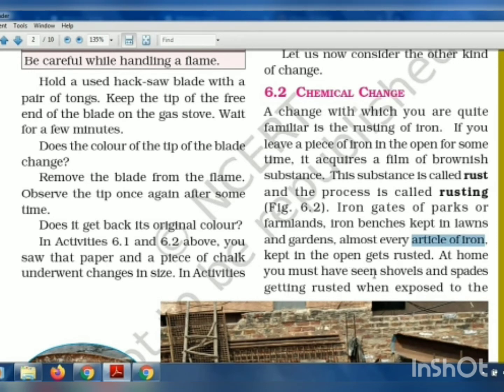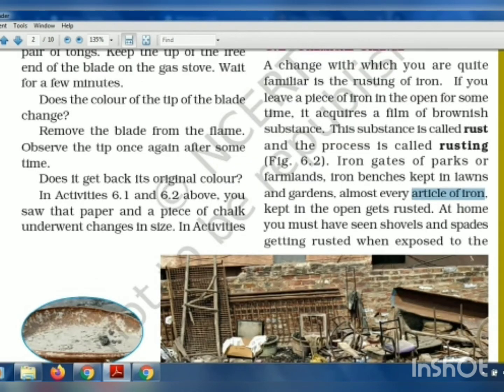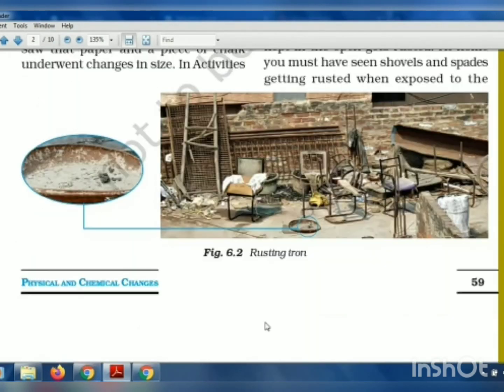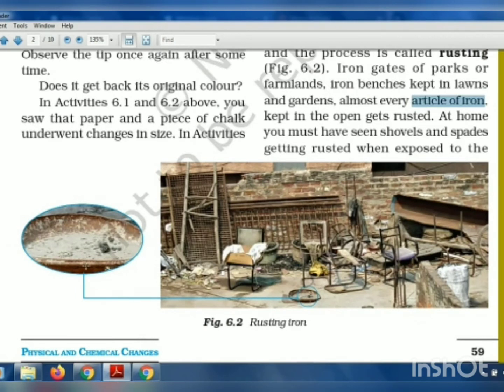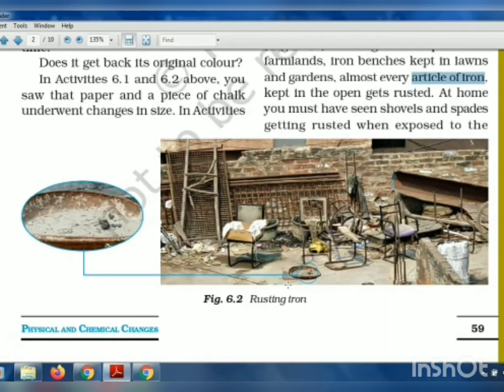At home you must have seen shovels and spades, which are used to dig the soil, getting rusted when exposed. In this picture they have shown some examples of old objects which get rusted, on which that brownish substance starts to form when they get exposed to air for a longer time and they are not being used and cleaned.